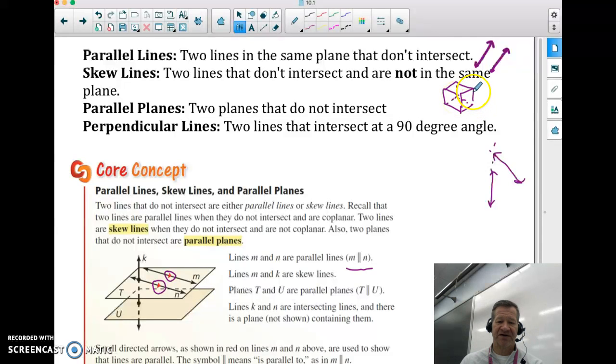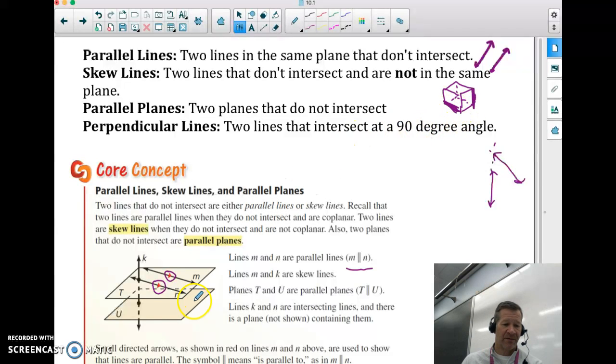So for example, this line up here and this line, the lines that contain these two segments would be skew because they're not parallel, they don't intersect, and they're not in the same plane. So these will never intersect. This one will run past, this one goes down. So those are skew lines.